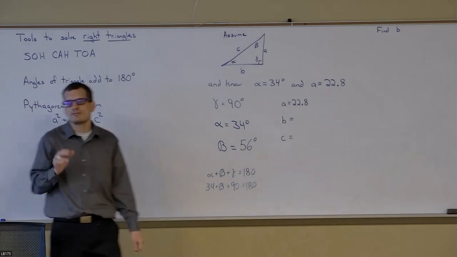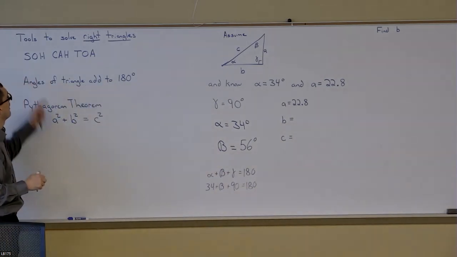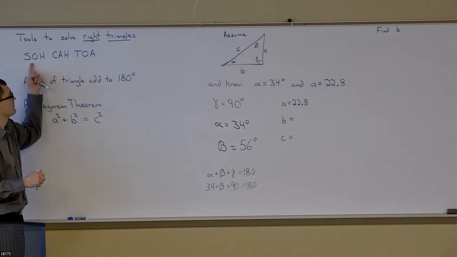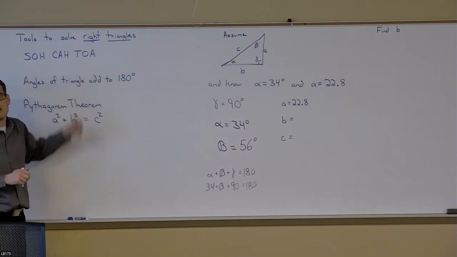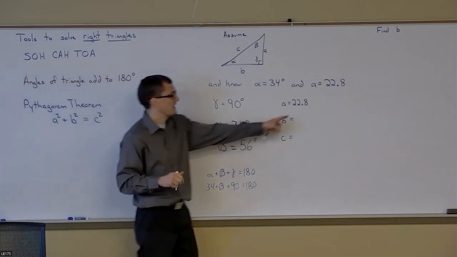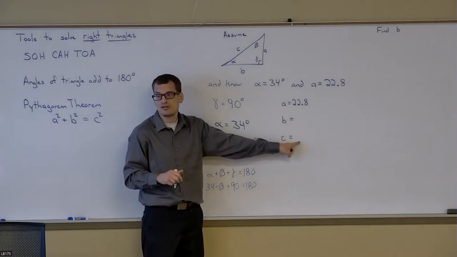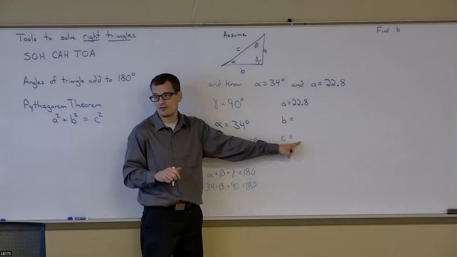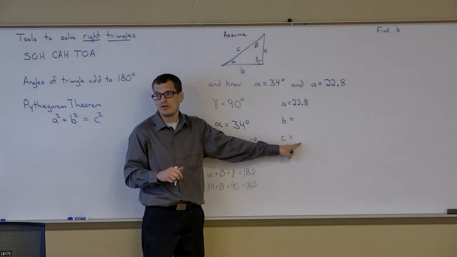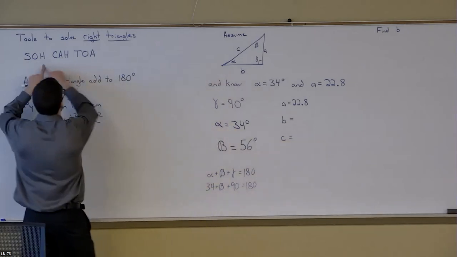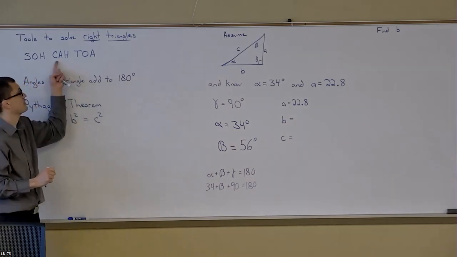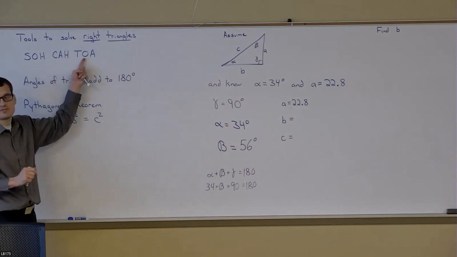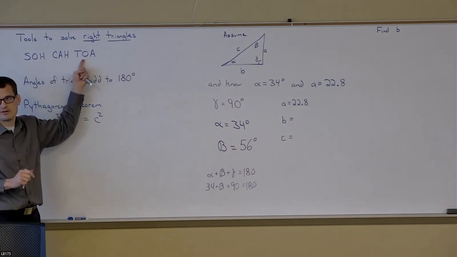Now we have to be a little bit clever. We're going to utilize SOHCAHTOA. Notice that the B and the hypotenuse are unknown. So the part of SOHCAHTOA that I'm going to use is one that does not include the hypotenuse. So I'm going to use the tangent part of SOHCAHTOA.